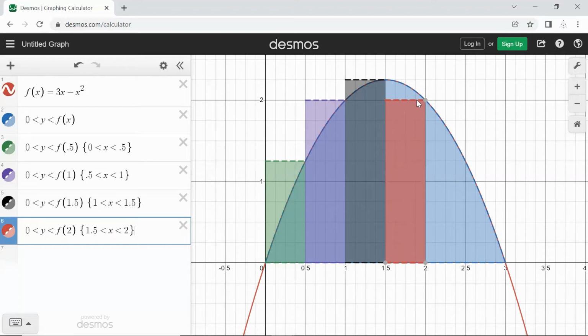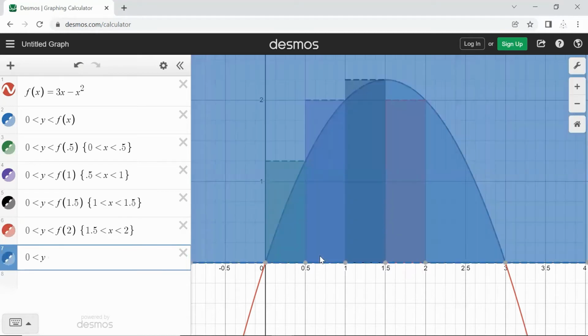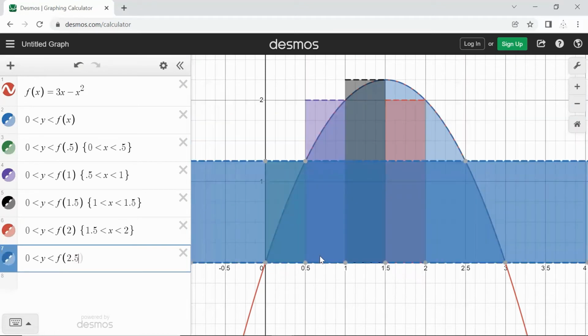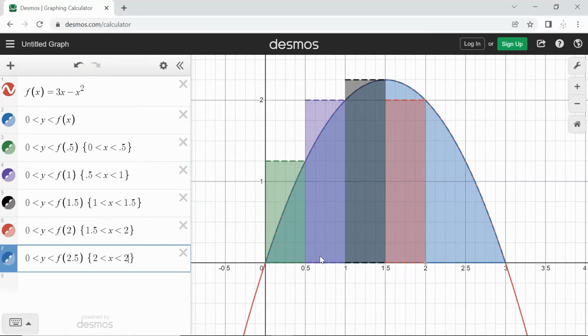That'll be the same for 2.5 and 3 as well, for the rectangle we create from 2 to 2.5 and the rectangle we create from 2.5 to 3. Both of those will be underestimates as well. Let's do those rectangles. The y value is going to go from 0 up to the function value at 2.5. The x value is going to go from 2 to 2.5. I get that rectangle. Now this final rectangle is going to be an interesting one.